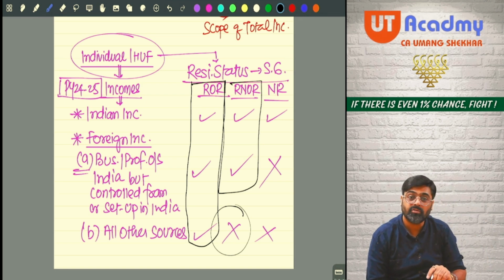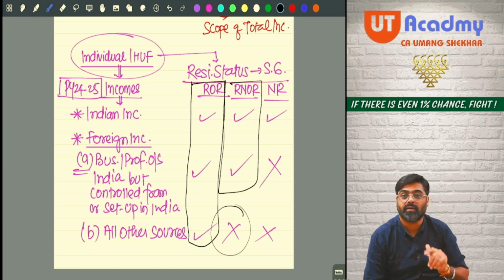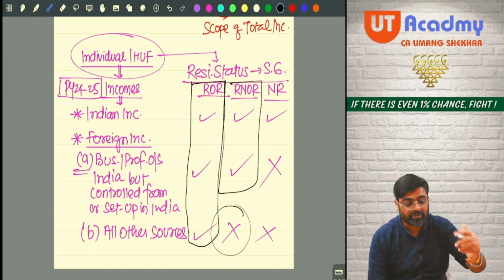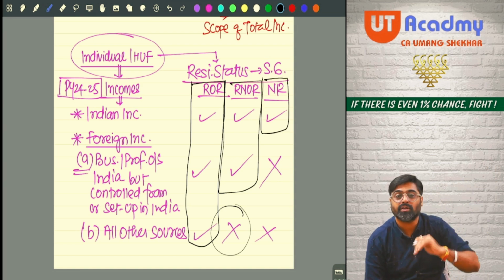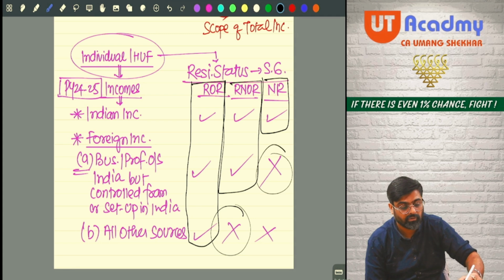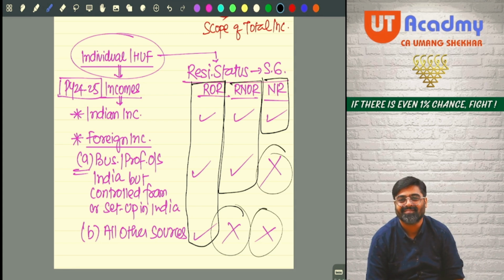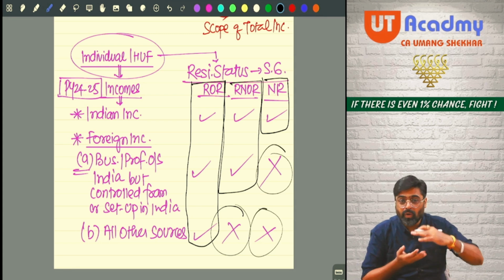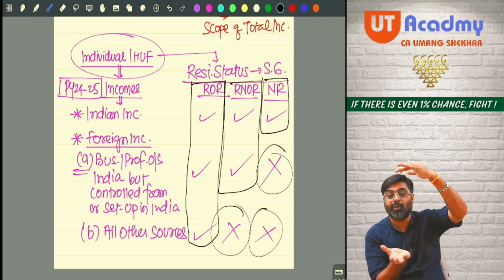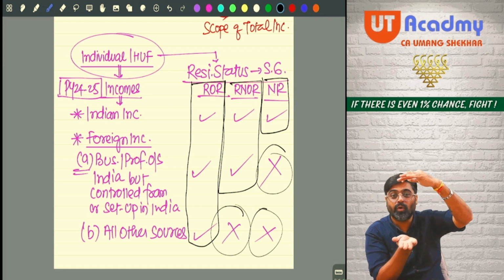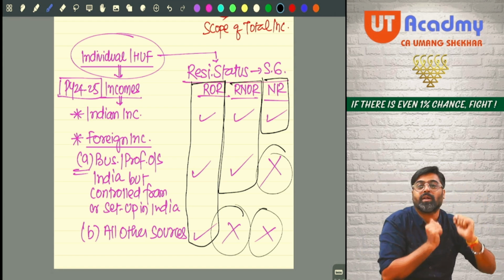All the Indian incomes and only part A foreign income, not part B foreign incomes. But if your status happens to be non-resident, then include all the Indian incomes in the computation of your total income, leave all the foreign incomes. So now tell me, who has the widest scope of total income? ROR. And who has the narrowest scope of total income? NR.